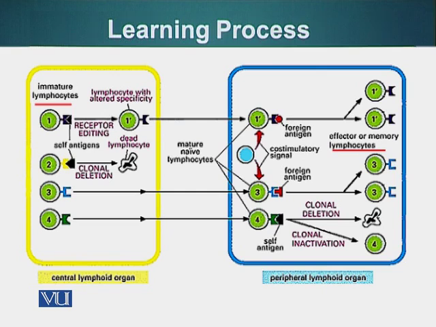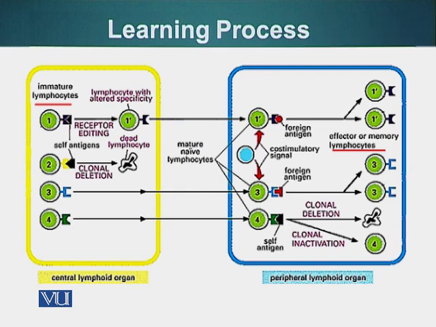So if, for example in case number 1, the B cell receptor or IgM molecule present on the surface of the B cell recognizes a self molecule, it will be given a chance to edit its receptor, which is basically our future antibody. So if that receptor editing is successful, the B cell will be allowed to move to the peripheral lymphoid organ.